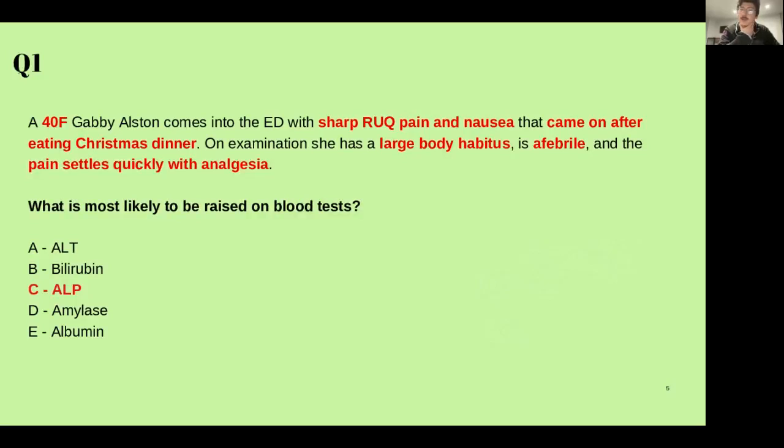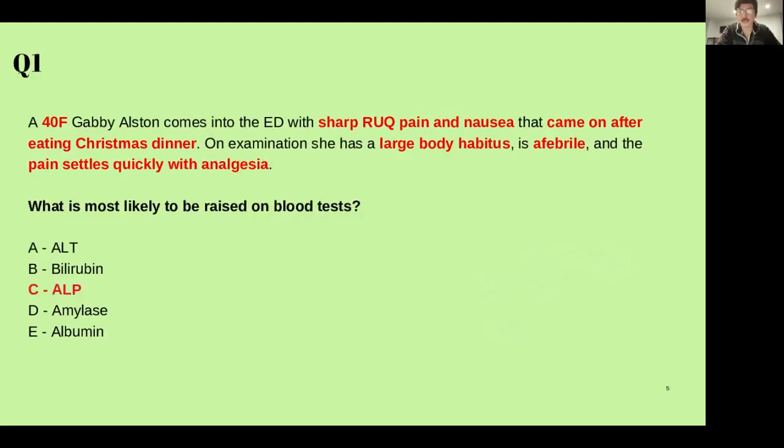Well, it's the typical demographic: a 40s lady with large body habitus. She's got none of the features of cholecystitis or cholangitis. She's afebrile, so most likely the inflammatory markers will be normal. And it's exacerbated by having a fatty meal, aka the Christmas dinner, and it settles quite quickly with analgesia.